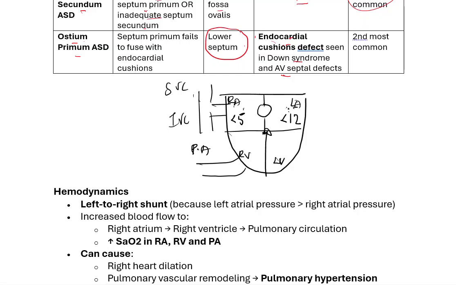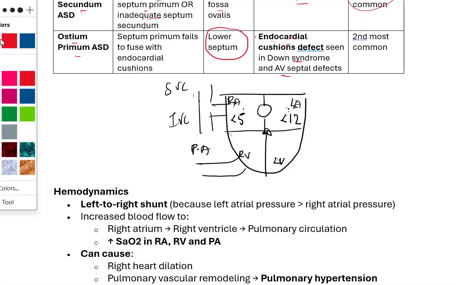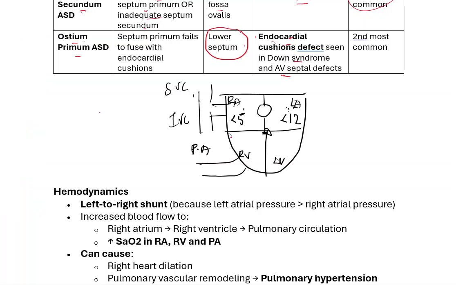So if there's a hole between the right atrium and the left atrium, which direction is the blood going to go? Because the pressure in the left atrium is more than the right atrium, the blood is going to move this way. So this is going to be a left to right shunt, right? And what type of blood are we shunting?